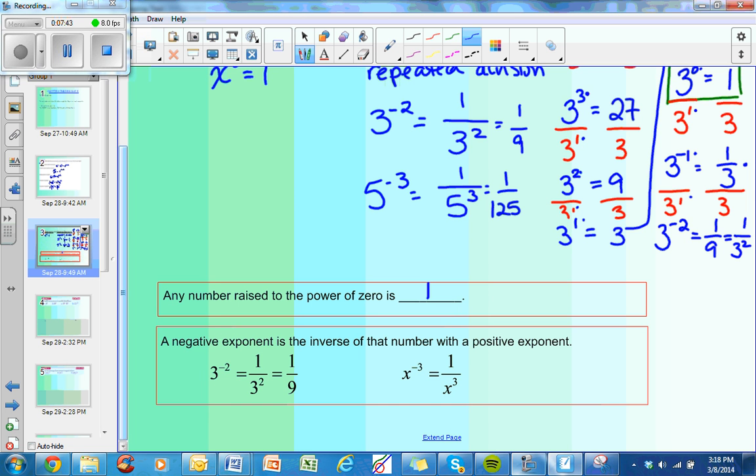I know that's a little bit confusing, but inverse is going to mean the reciprocal. Or, said a little bit easier, flip it over and change the exponent. So 3 to the negative second is the same as 1 divided by 3 squared, and x to the negative third is 1 divided by x cubed.